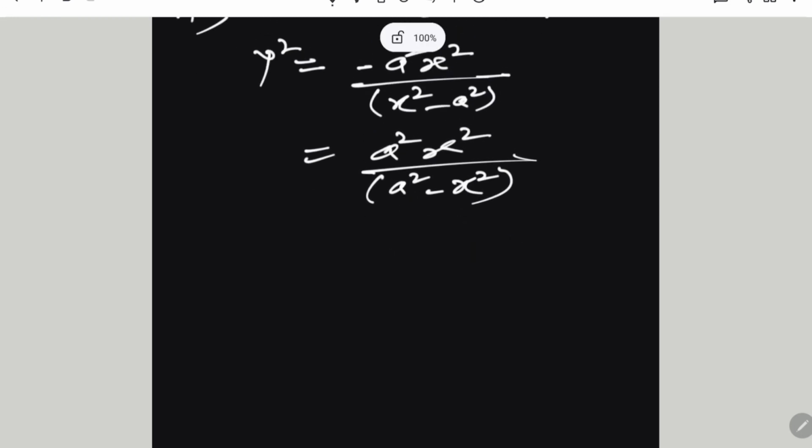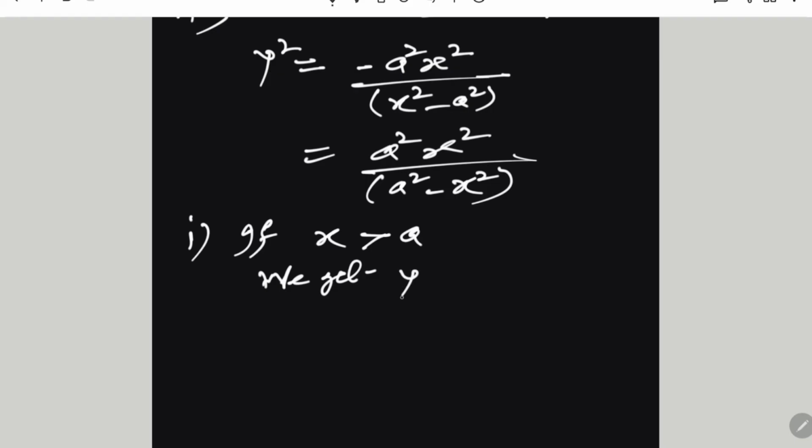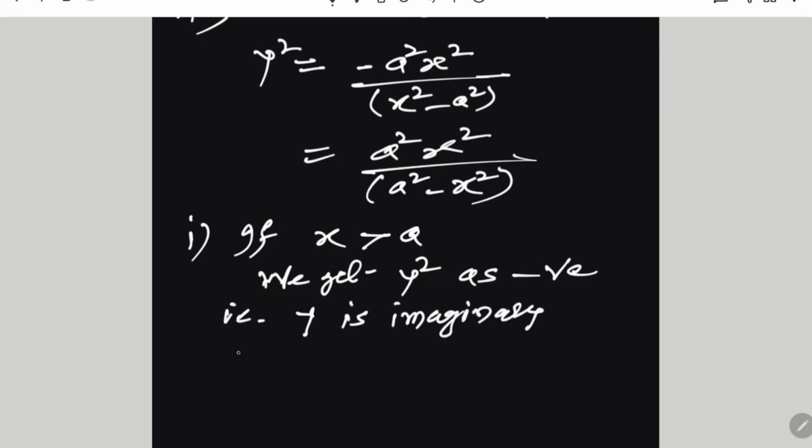Then for x greater than a, we get y square as negative. That is, y is imaginary if we take a square root of this negative term. The curve does not exist.